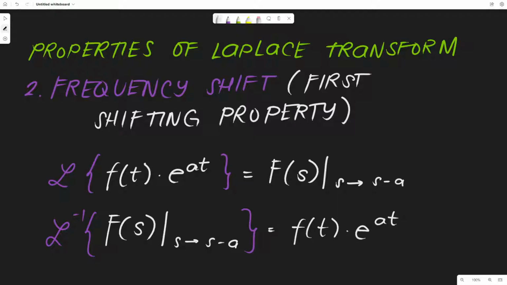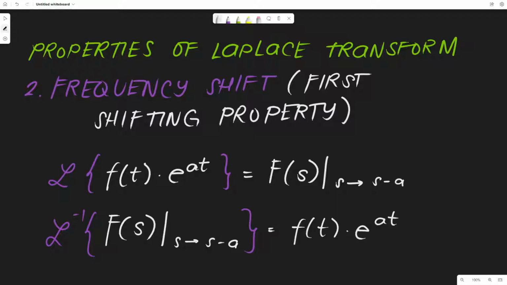Then if we are going to get the Laplace transform of that function, yung multiplied function natin, we will get the Laplace transform of the function F of s, but we will be shifting from s to s minus a. Napapalitan natin yung s sa loob ng F of s, yung mga s sa lahat ng loob ng ating function in the frequency domain to s minus a.